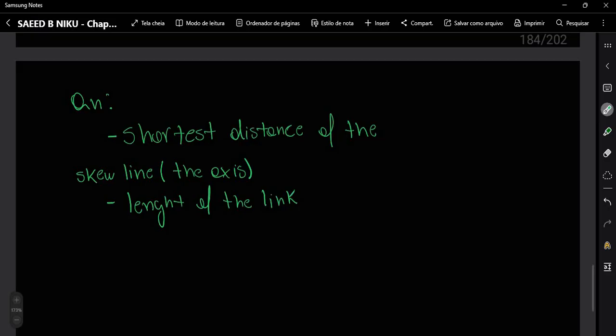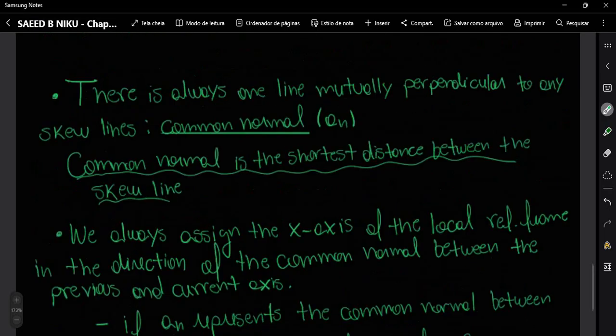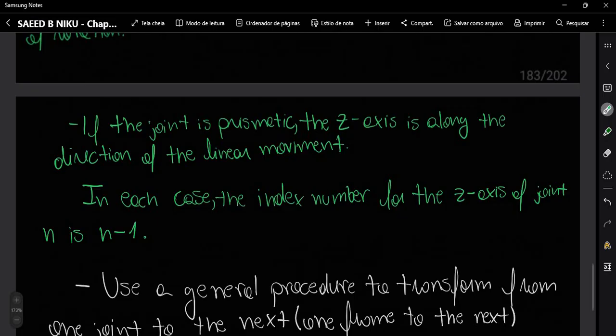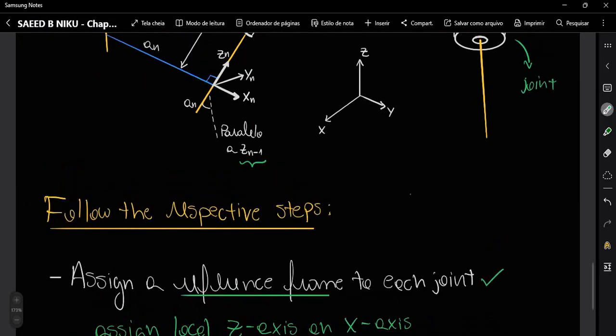And we got another common normal to the other link. As I'm about to write about theta, I will write about alpha as well. We got this angle right here, alpha.